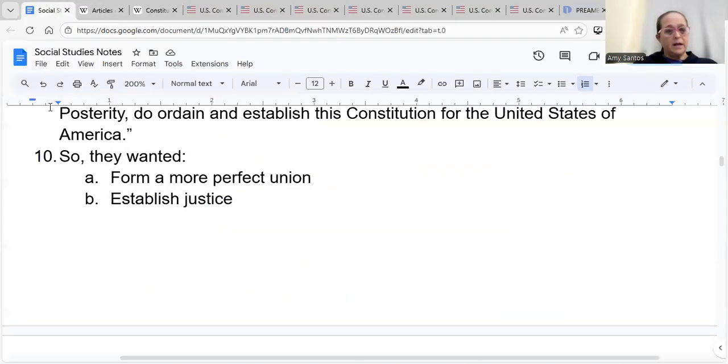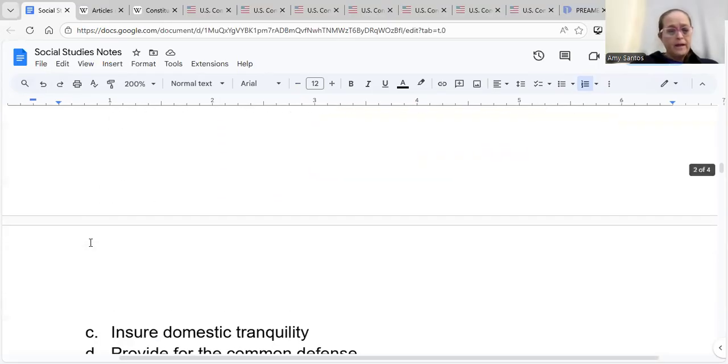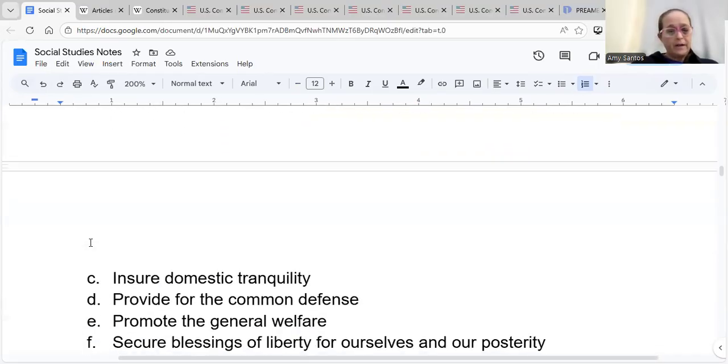So forming a more perfect union, that was because, like I said, they had a very loose confederation before that. Establish justice, I think that had to do with establishing the justice system, the judicial system that we have.